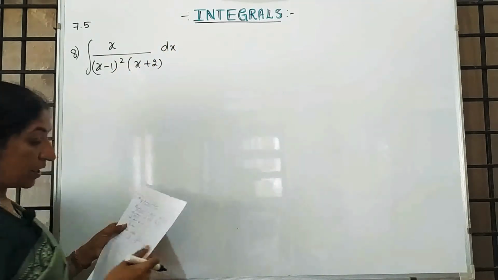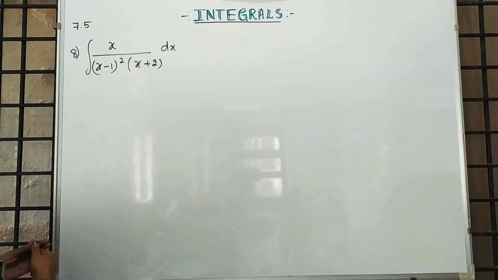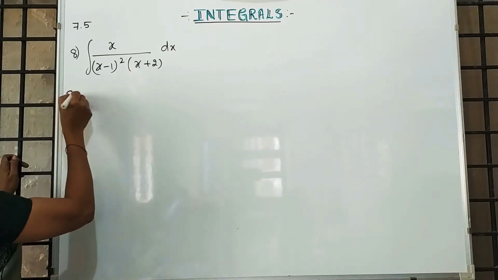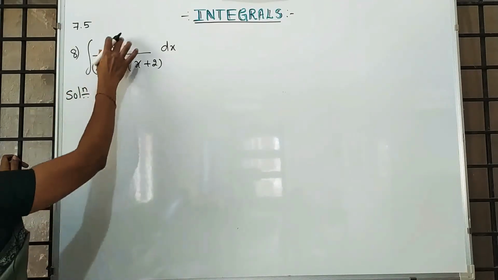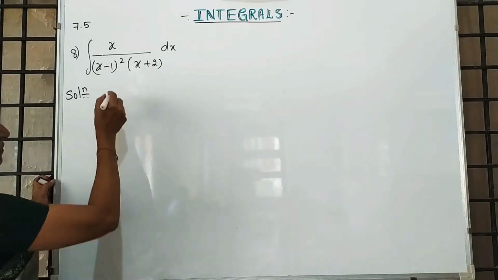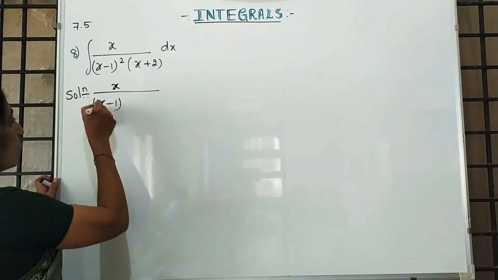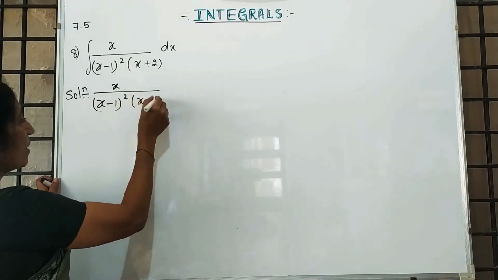And students, already you are familiar with all the methods. So they are not mentioned the method, we have to identify. But whatever is the method, before moving to that method, we have to identify whether it is a proper or improper. x upon x minus 1 whole square into x plus 2.